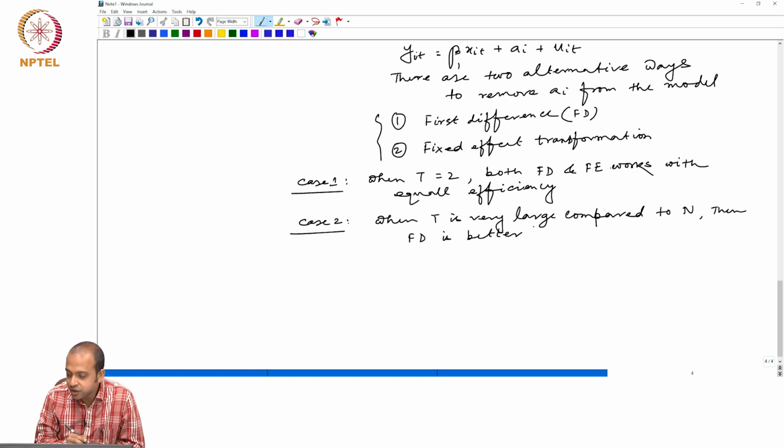Why is FD better? Because when T is large, as I already mentioned, the assumption that AI is fixed or constant over a period of time is very difficult to maintain. So, FD is better than FE.